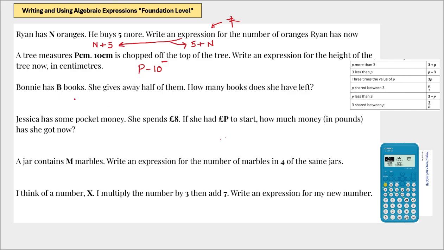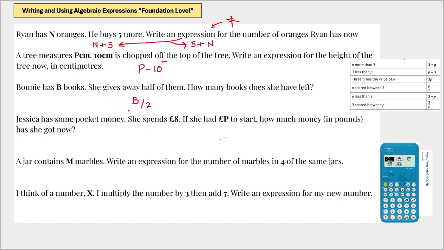Bonnie has B books. She gives away half of them. How many books does she have left? So she's going to give away half of them. Giving them away. So we're going to have B divided by 2.